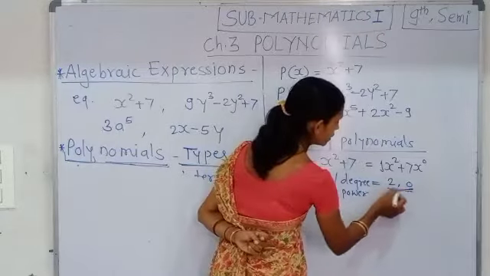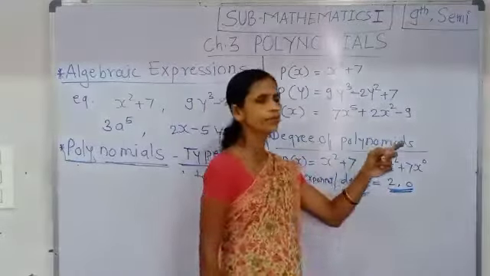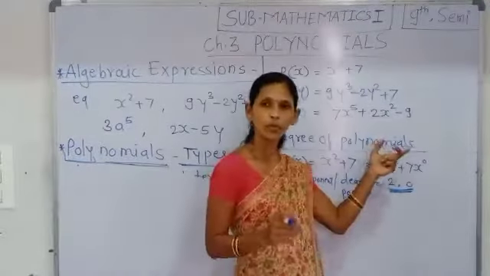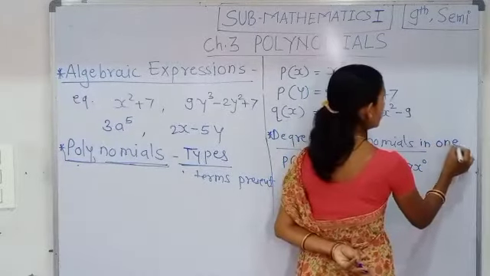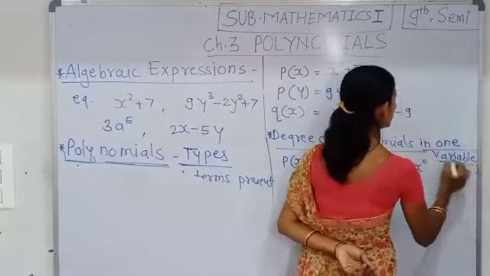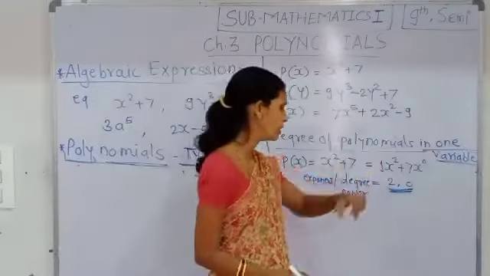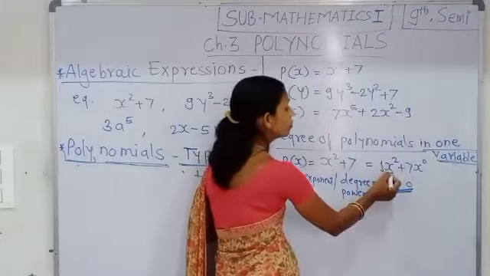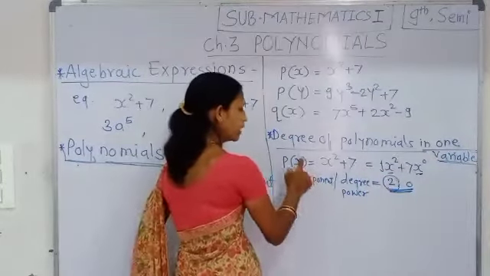Therefore, the highest degree of the variable in the polynomial is the degree of that polynomial. Here, for a polynomial in one variable, that means the degree of polynomials in one variable, we have to find out the highest degree of that given variable, and that is the degree of that polynomial.